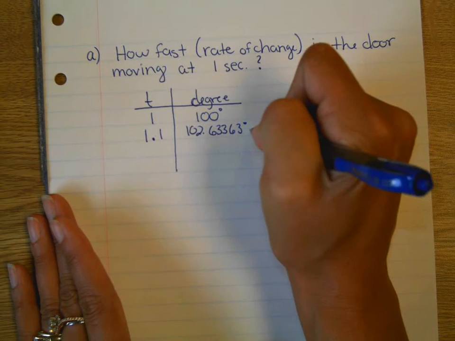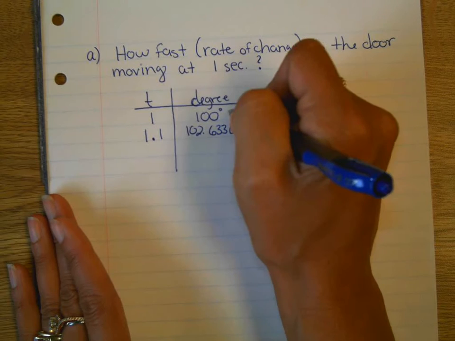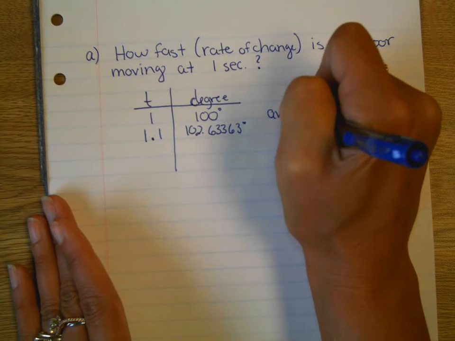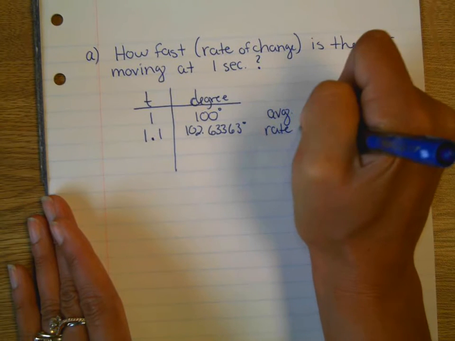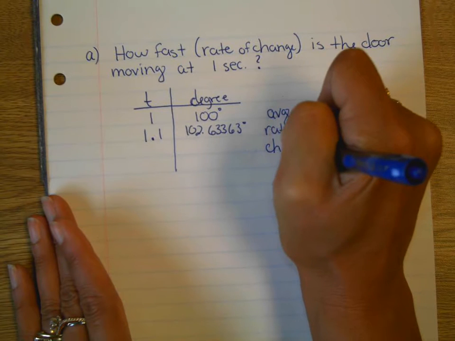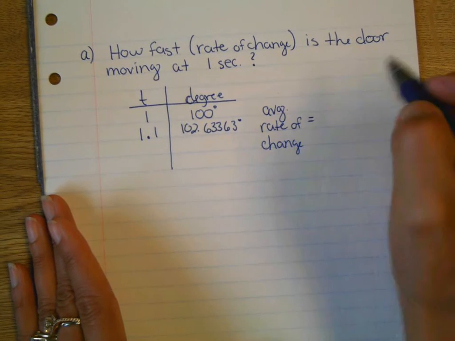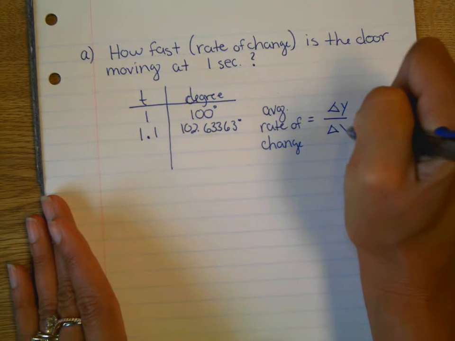So when we do the subtracting, it's always the higher time minus the lower time. So to get the average rate of change, it's the change in y values over the change in x values.